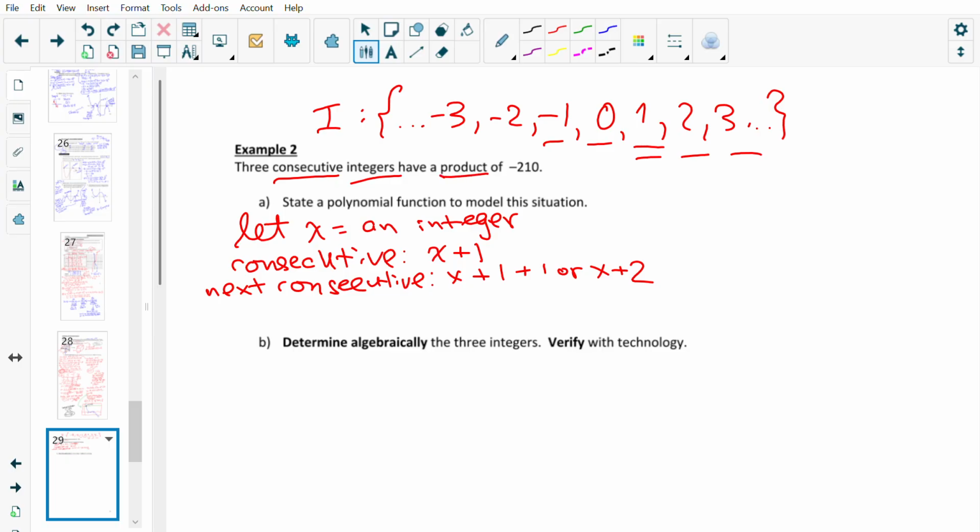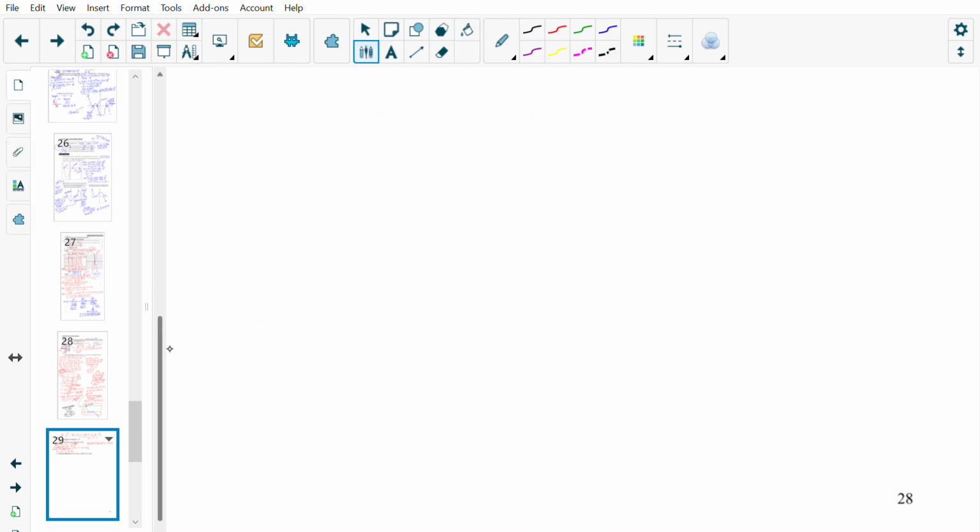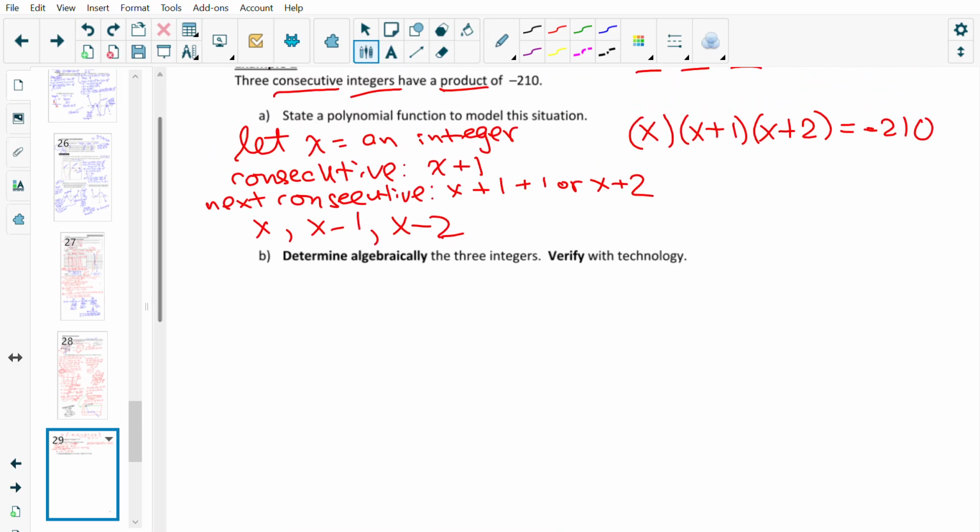And it says 3 consecutive integers have a product. Product means multiplication. So x times x plus 1 times x plus 2 must equal negative 210. You could have done x minus 1 and x minus 2. Doesn't matter which way you go, you're going to arrive at the same answer.